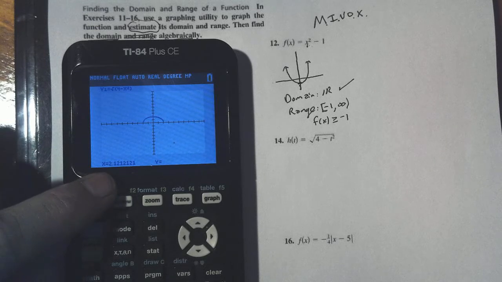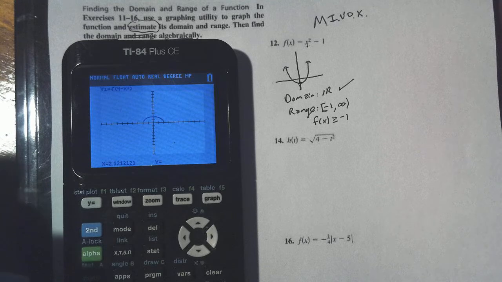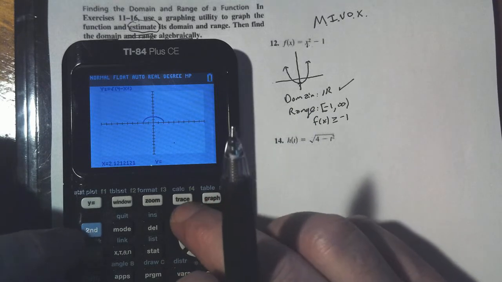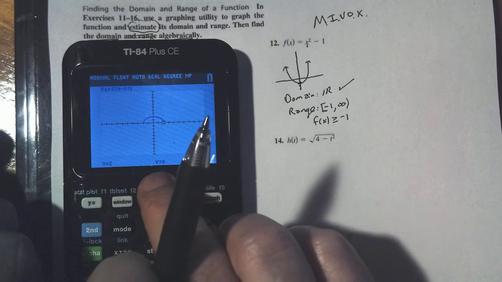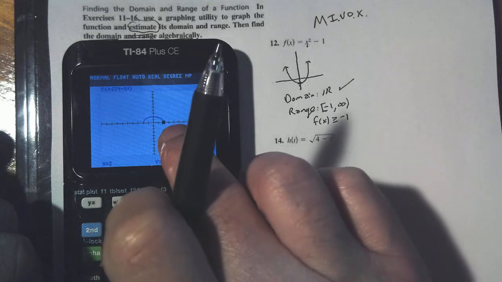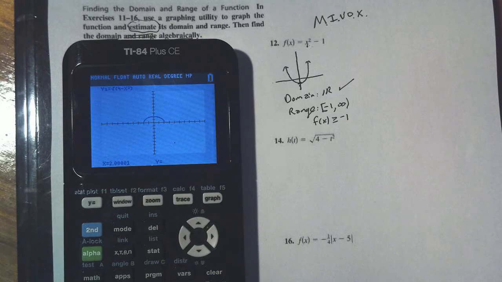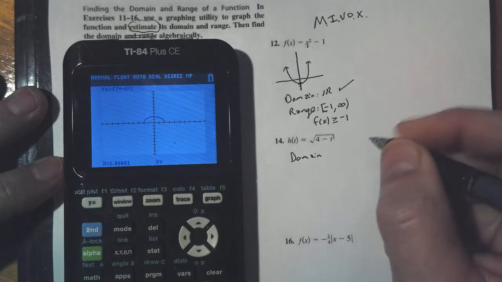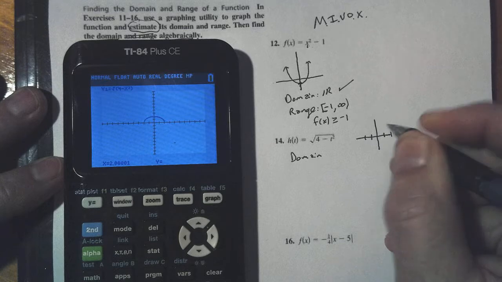So I'd like to have smaller tick marks, or I can do a study with it, or I can say, hey, I think it probably exists at 2, and as I'm tracing, I can just type in 2, and (2, 0) is actually on the graph. And how about if I type in 2.00001, and now the graph doesn't exist. So I believe for our domain based on the graph, which I need to sketch in here, as do you.